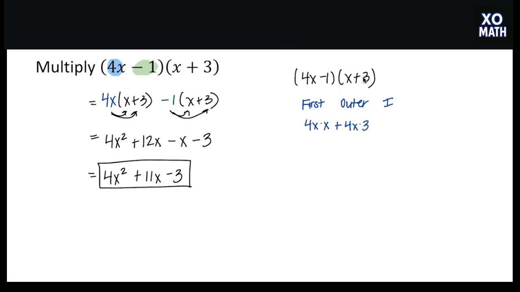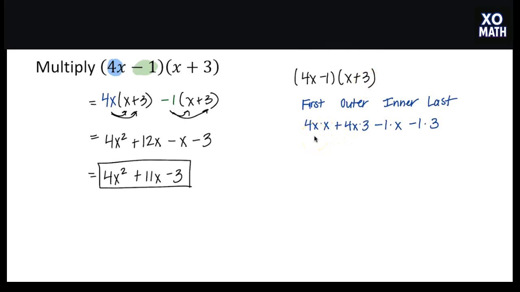And then the inner terms, so the two terms on the inside are negative 1 times x, so minus 1 times x. And then last, negative 1 times 3. So multiply the first terms, the outer terms, the inner terms, and the last terms together.